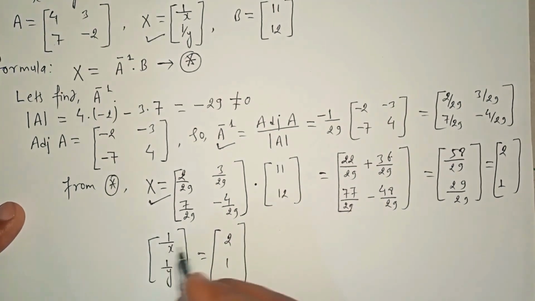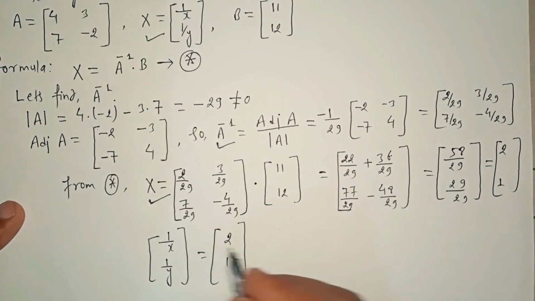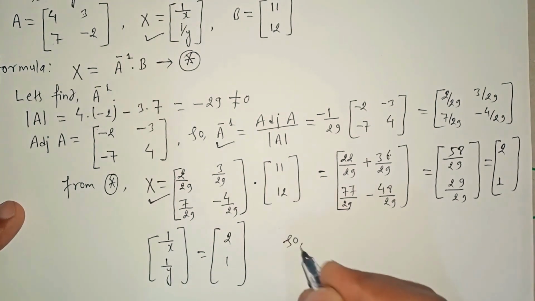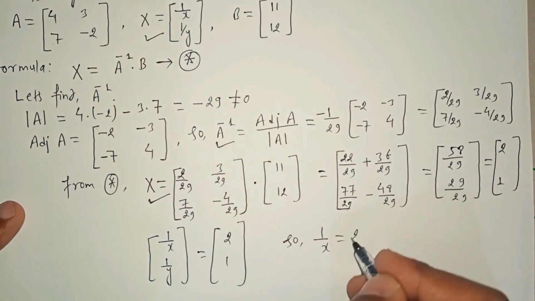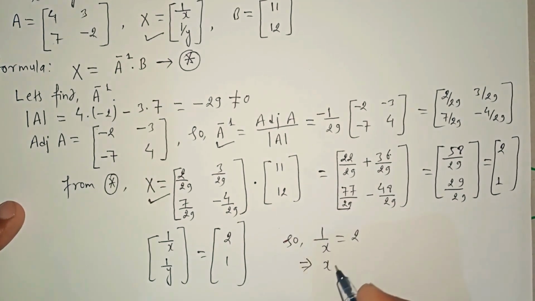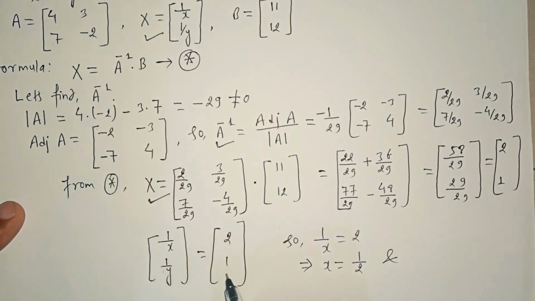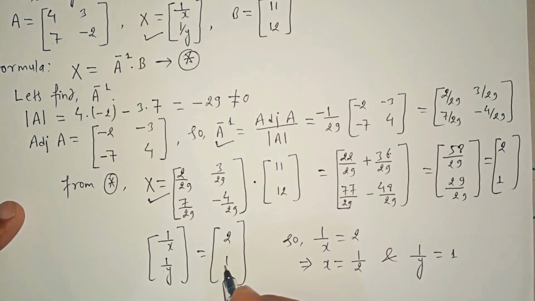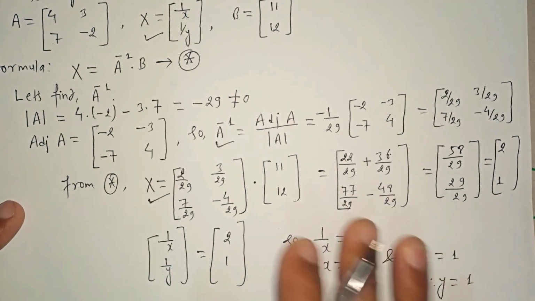Let's compare the corresponding elements. Here the two matrices are equal, so we can easily compare the corresponding elements. 1 over x equals 2, which implies the value of x is 1 over 2. And 1 over y is 1, therefore the value of y is 1.